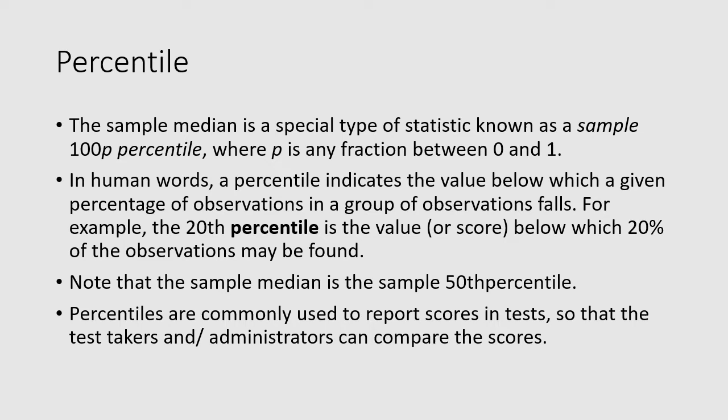So, if you were to ask me, sir, what is the average of the class scores? Well, which scores fall below the 50th percentile and which scores go above the 50th percentile?